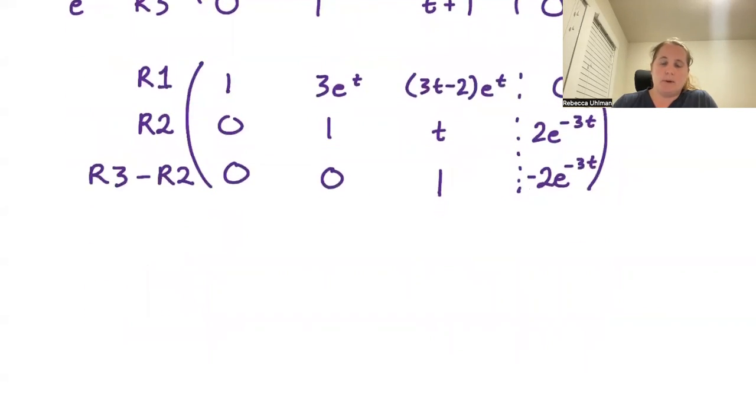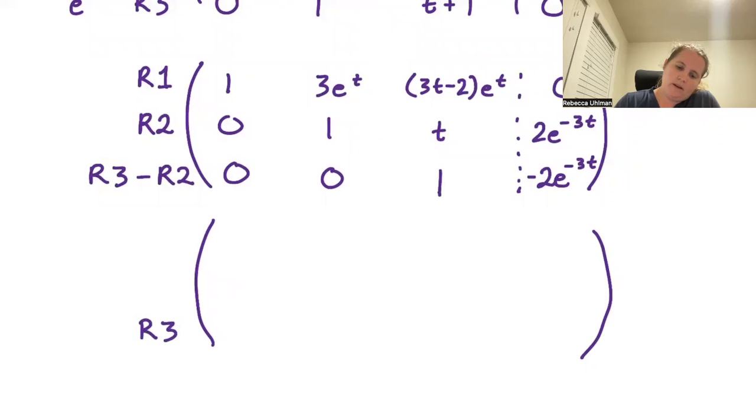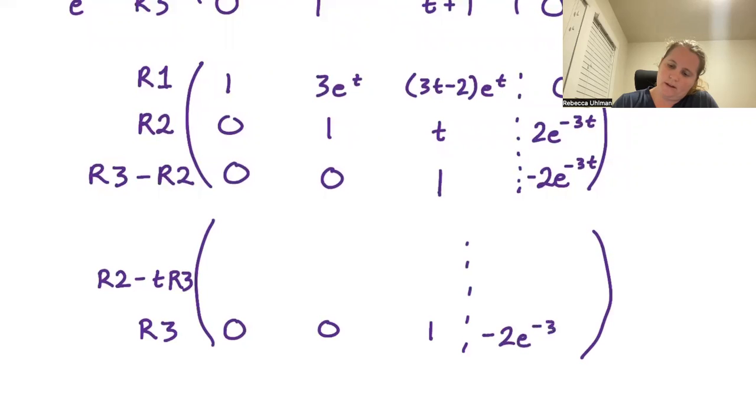If we wanted to keep going, we can, absolutely. If we leave row 3 alone now, and do row 2 minus t times row 3, our third row is 0, 0, 1 with negative 2e to the negative 3t.